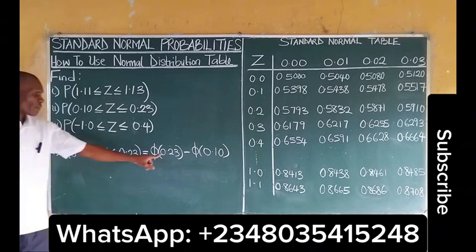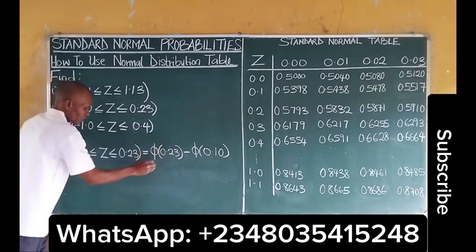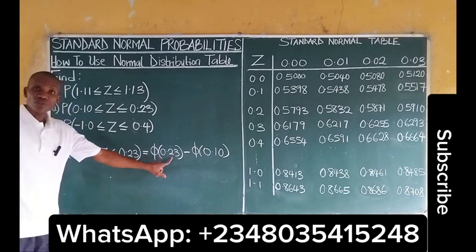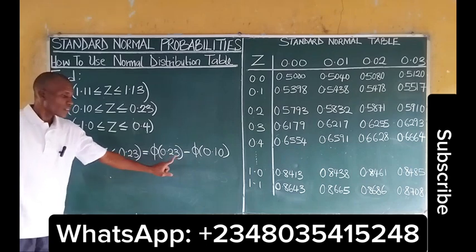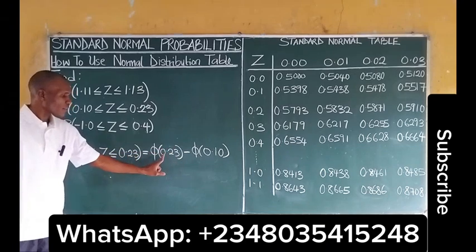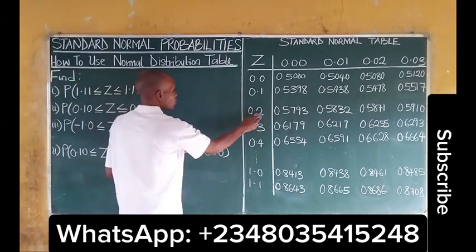The next thing to do is to find 0.23 from the table. So how do we go about that? The first thing we look for is 0.2 under 0.03. So you say 0.2, you keep that apart, under 0.03. Where is 0.2? This is 0.2.